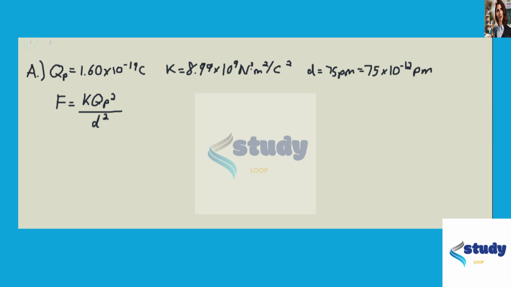We would write F1 is equal to Q1 times Q2 over D squared.